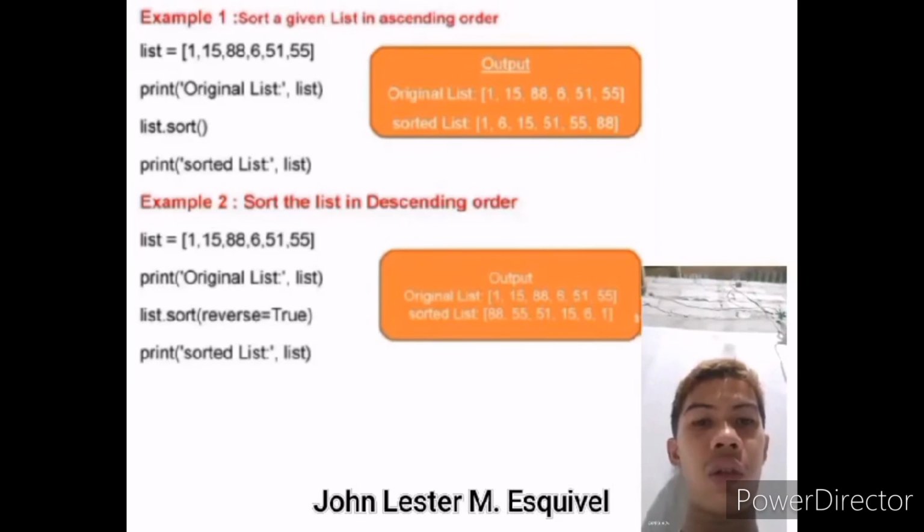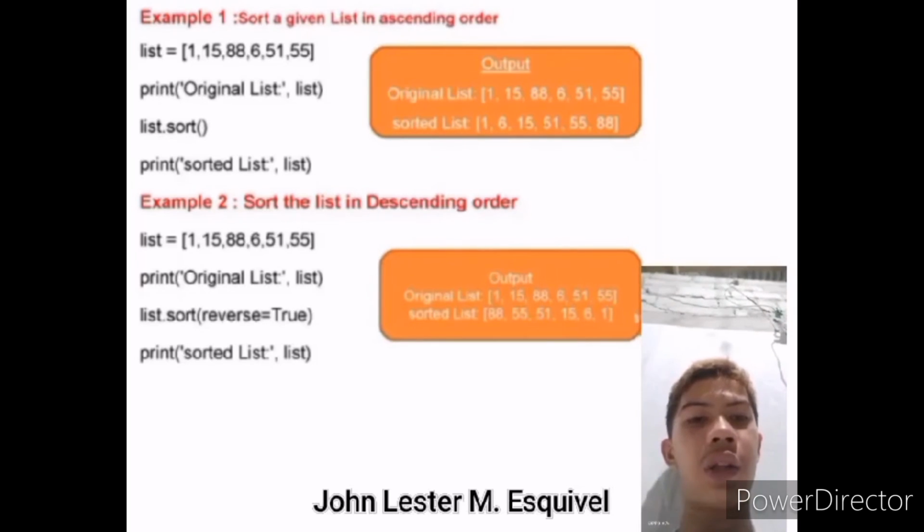Dito sa example na ito, i-print niya ang original list na 1, 15, 88, 6, 51, 55. At pati na rin ang sorted list na in ascending order na 1, 6, 15, 51, 55, 88.